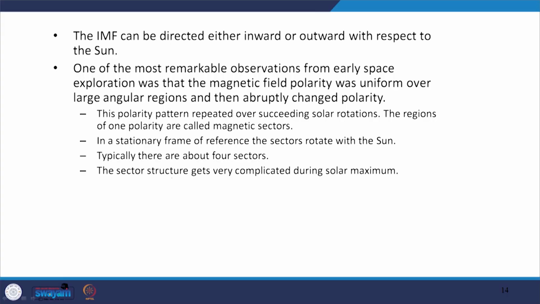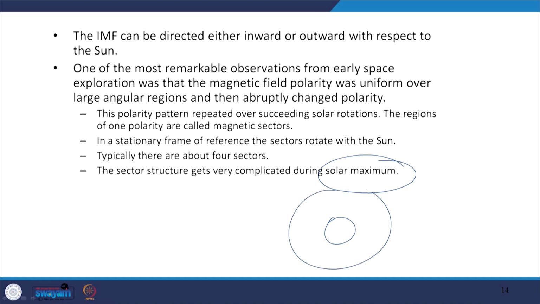Solar maximum is that period of time over which the magnetic field has been getting complicated and is at the height of its complicacy. That is when the magnetic field is trying to shut it off, or trying to get everything sorted out and go back to a simple magnetic field which looks like a dipole magnetic field. So, the sector structure gets very complicated during the solar maximum.